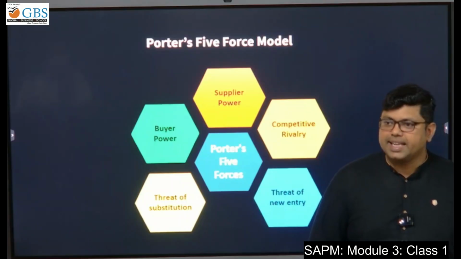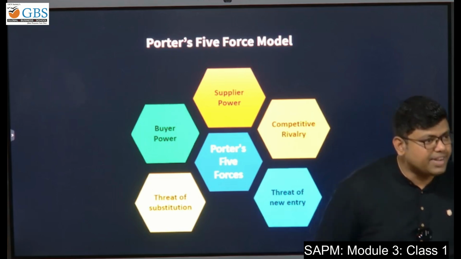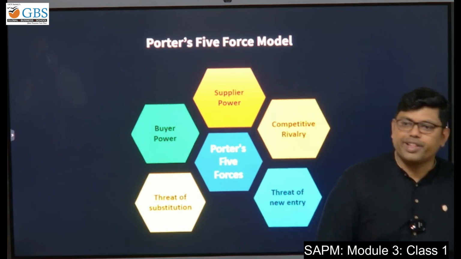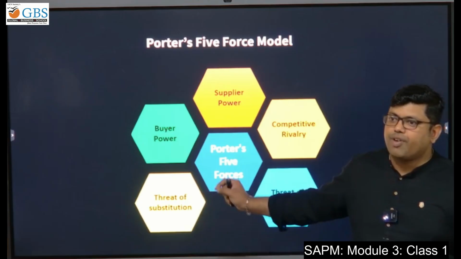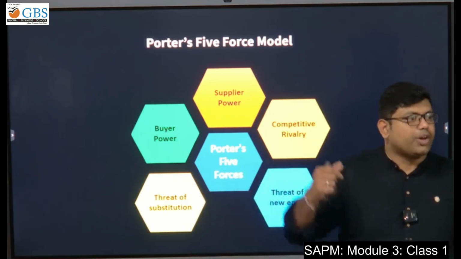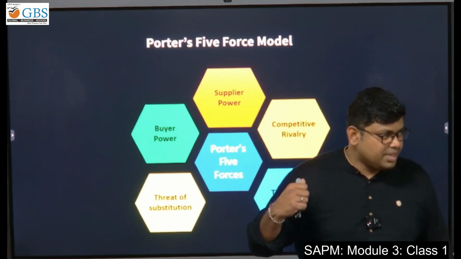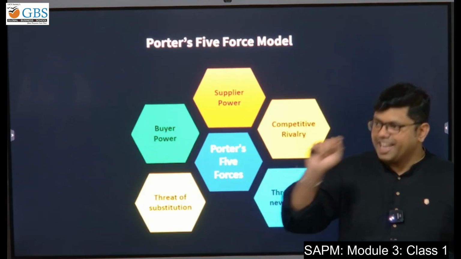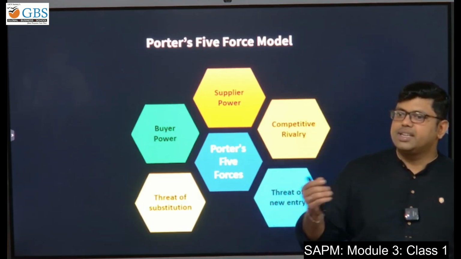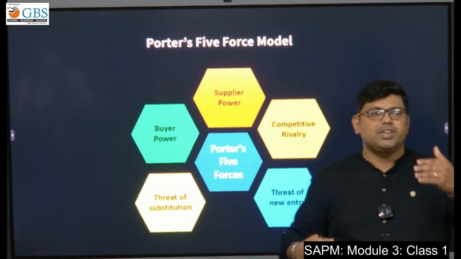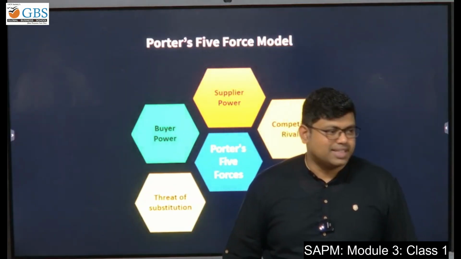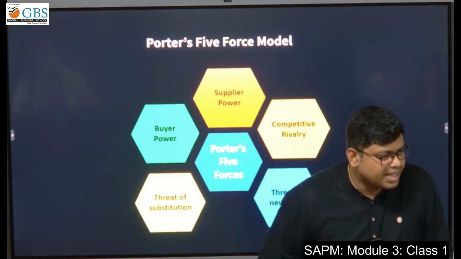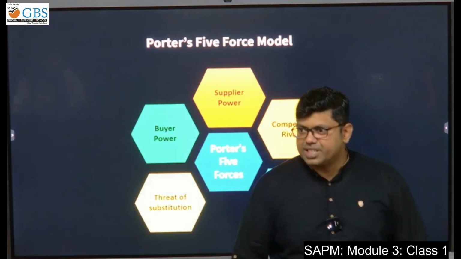Then you're going to analyze the life cycle of that industry. Then you're going to analyze Porter's 5 force model. You're going to apply this model to the company in which you are investing. And this is the procedure of fundamental analysis. Is it clear? Are you understanding? So we started with what?